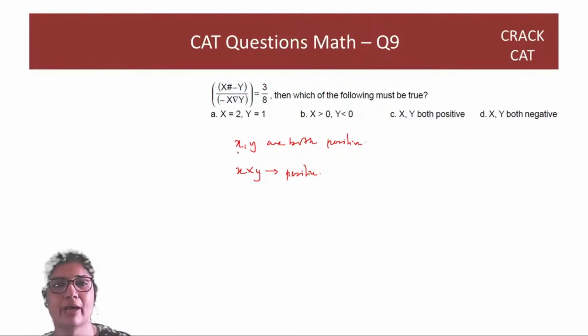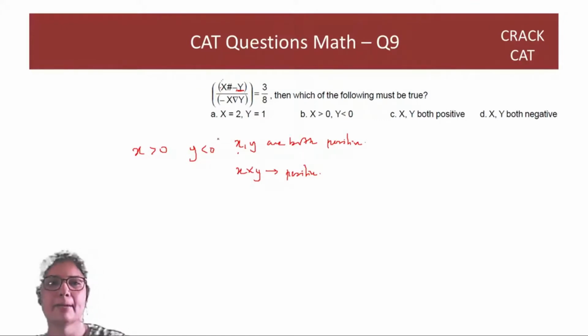Now coming back to this, if X is positive and Y is negative, then only X and minus Y will be positive. So this option is gone and this option is also gone. Okay.